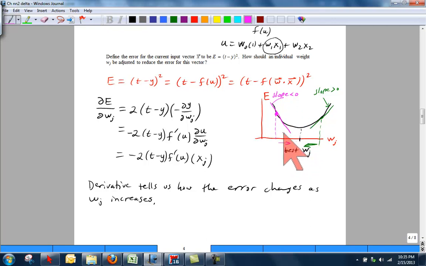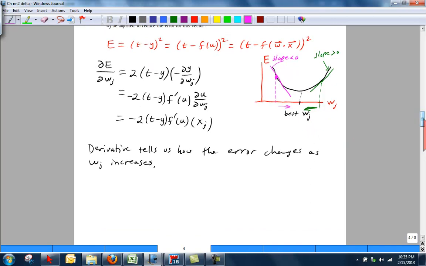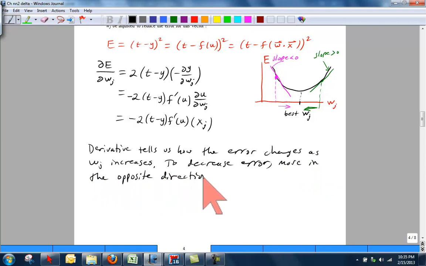If the slope is negative, I actually want to increase w. If the slope is positive, I want to decrease w. So to decrease error, move in the opposite direction of the sign of the derivative.